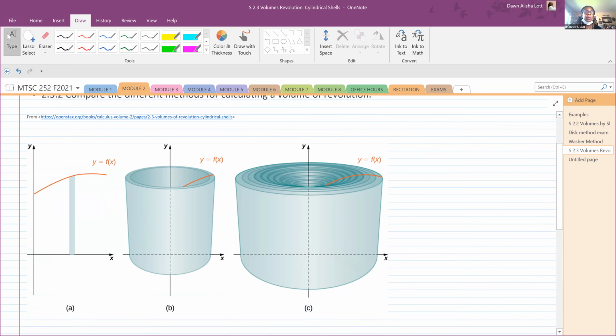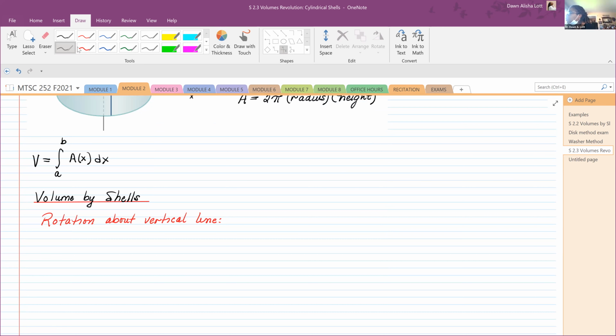So I have something that looks like this. I have some region, whatever it is, and I'm rotating about a vertical line.